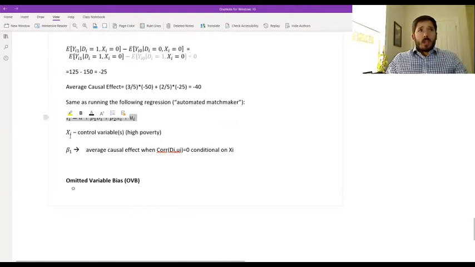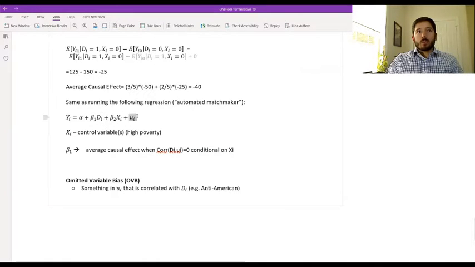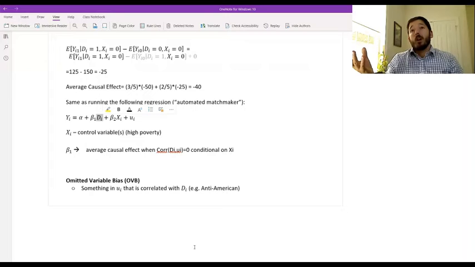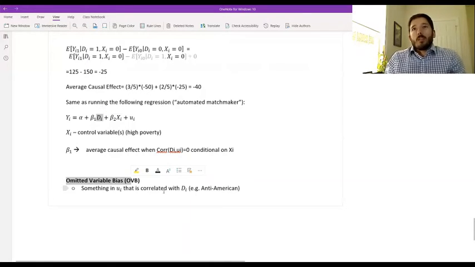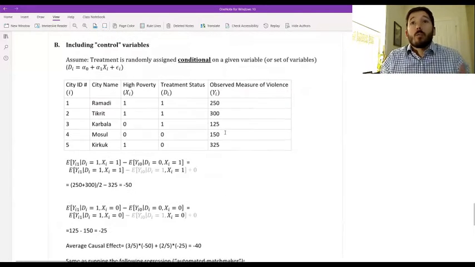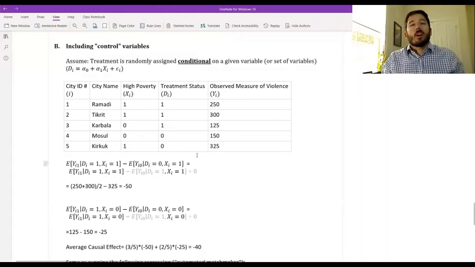If we're looking at a regression like this, omitted variable bias is when there's something in this residual term that's related to y, that is also correlated with D_i, and that we're not explicitly controlling for. It's something we don't necessarily observe in our data set. That becomes a problem. It's a type of selection bias in our estimate of the causal effect.